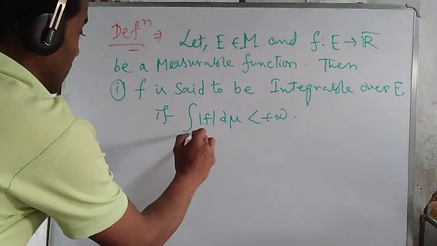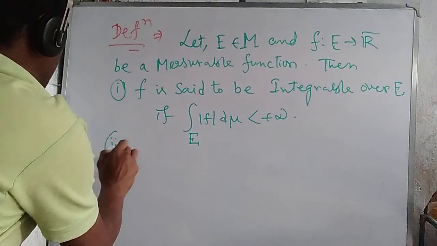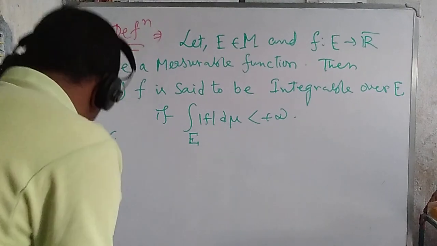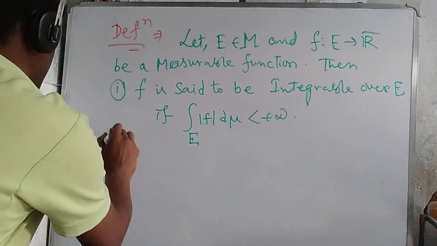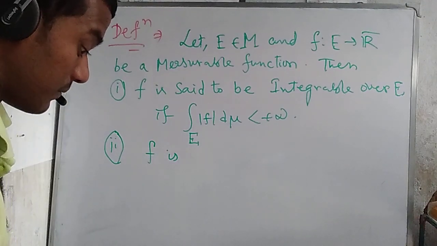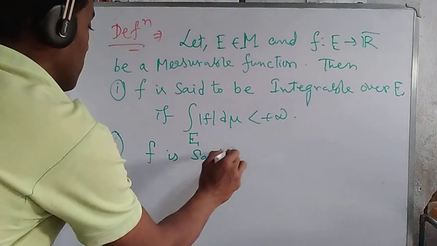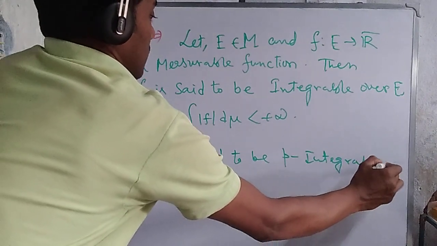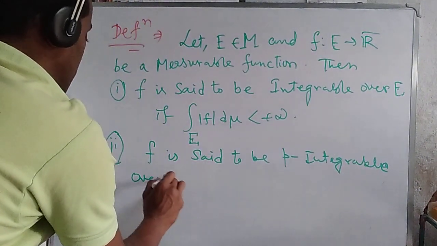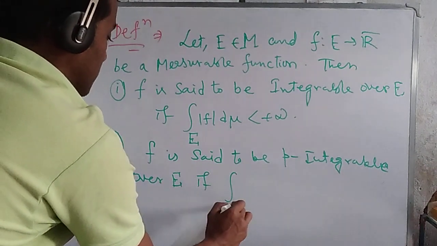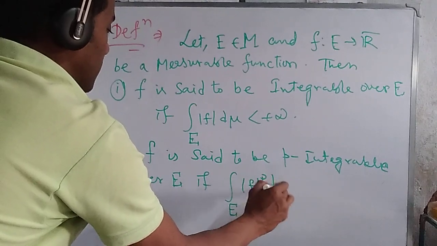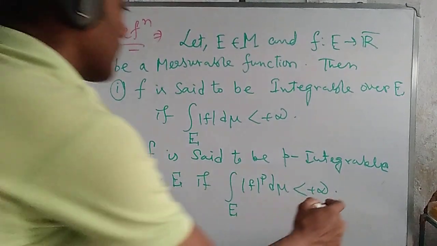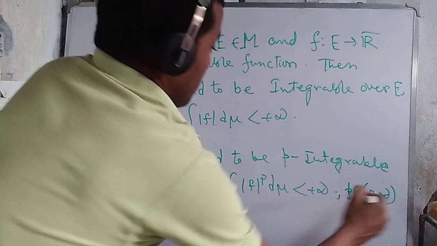And obviously we write in this way: f is said to be p-integrable over E if integration over E of mod f to the power p d mu is less than plus infinity, and obviously this p belongs to 0, infinity.